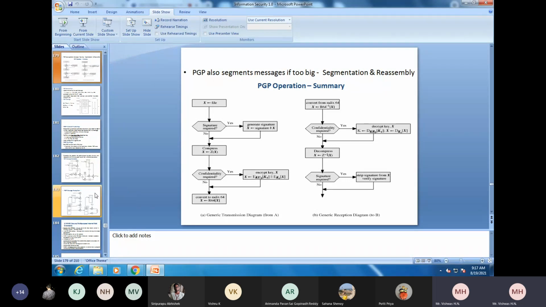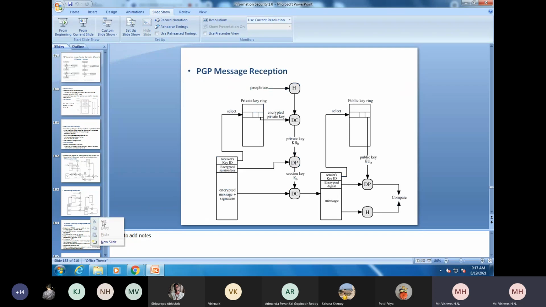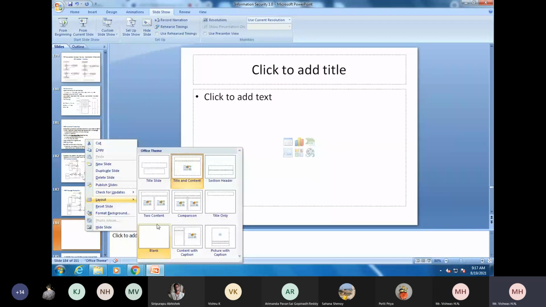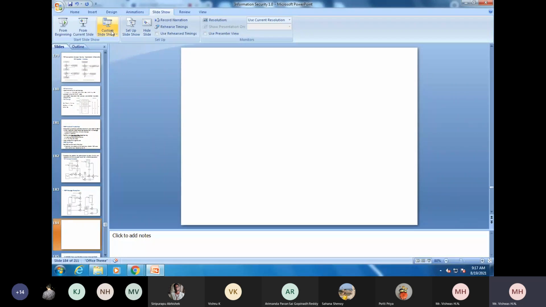Okay, let me add a slide here. Now, if I have data that has 8, capital K, small r, and capital M. What is the equivalent for 8, students?